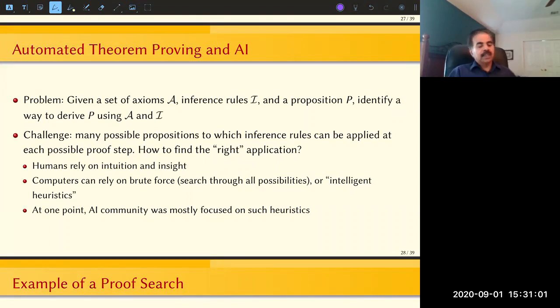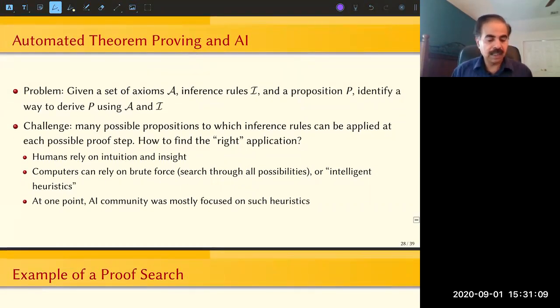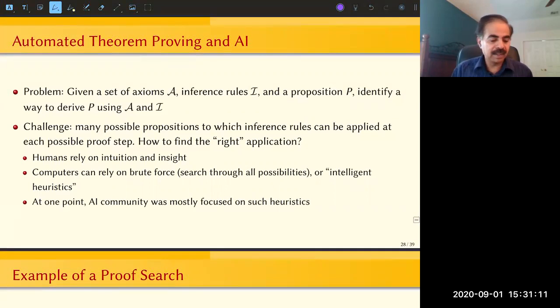so very quickly the number of possibilities becomes too large for a computer to make progress. And this is sort of what happened a very long time ago when people formalized logic using axioms and inference rules and so on.